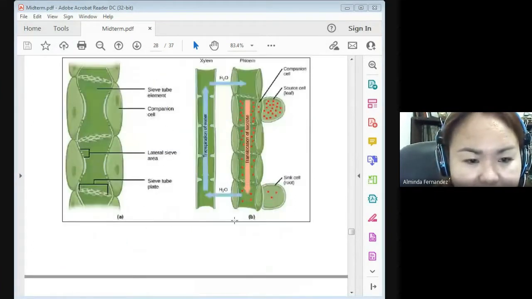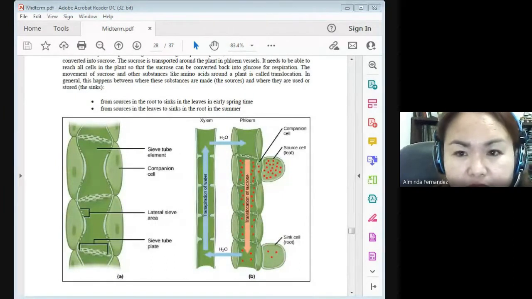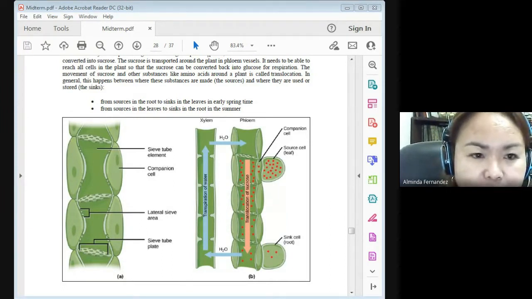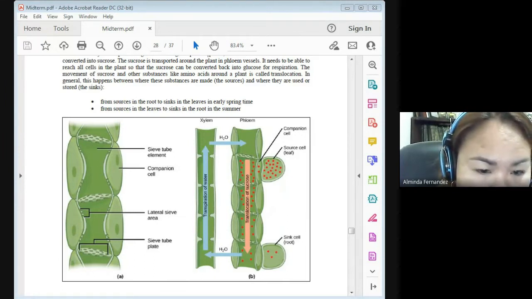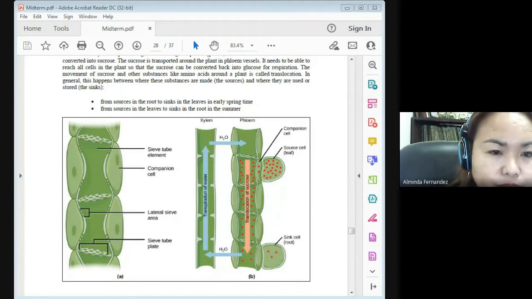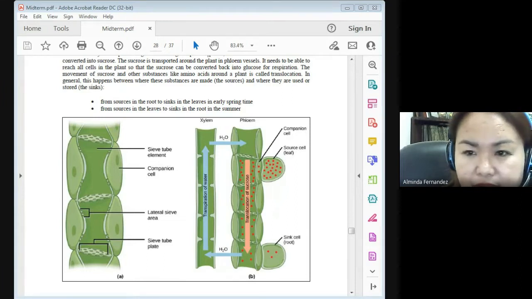So on this there could also be a nice presentation on this before we proceed with translocation. So there's another explanation on this, and let's try to watch.